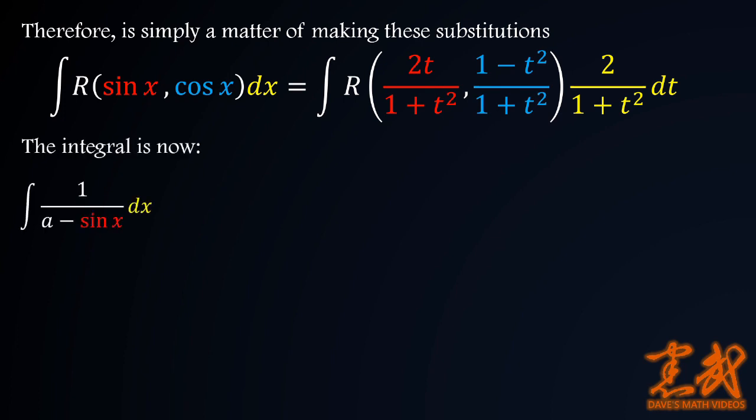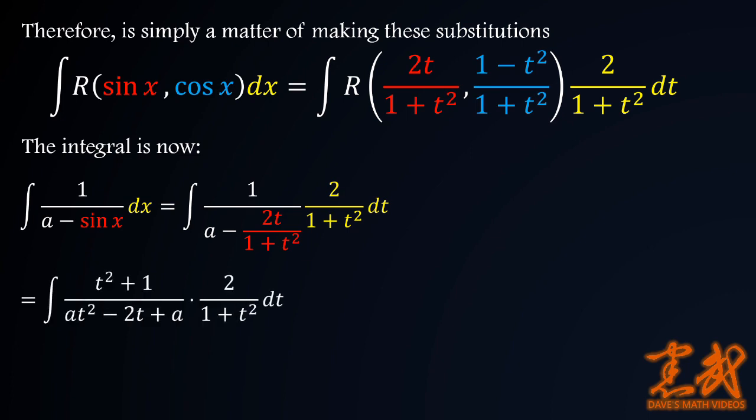Our integral, which was originally the integral of 1 over a minus sine of x with respect to x, gets these substitutions, and it becomes the integral of 1 over a minus 2t over 1 plus t squared times 2 over 1 plus t squared with respect to t.